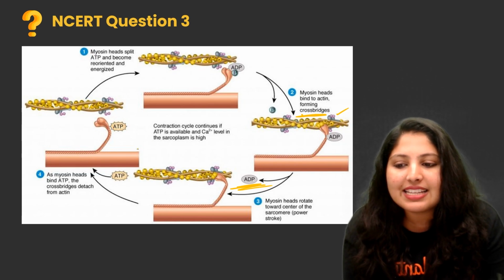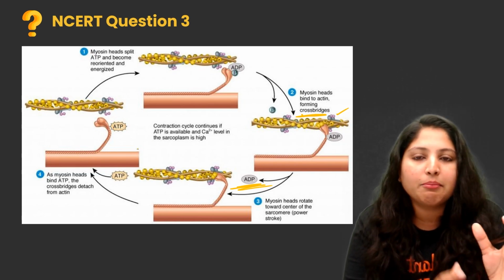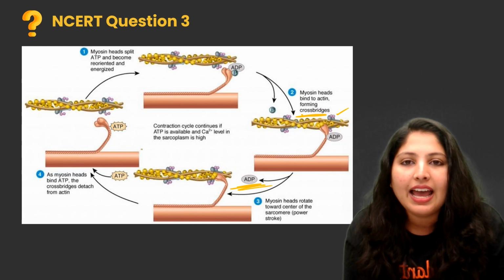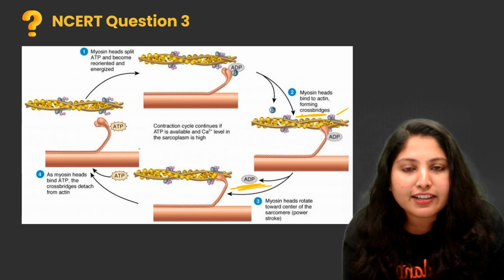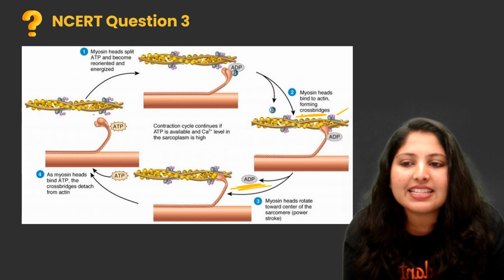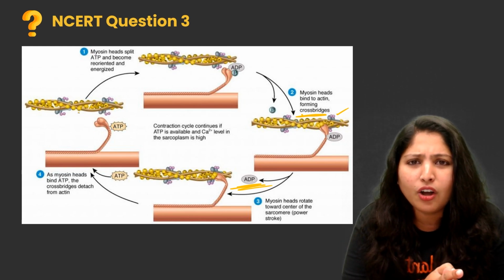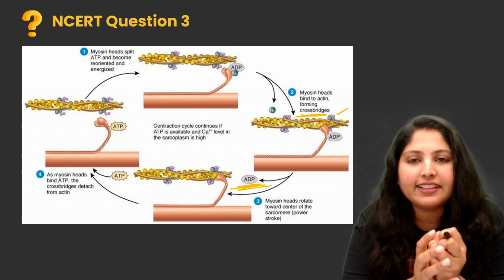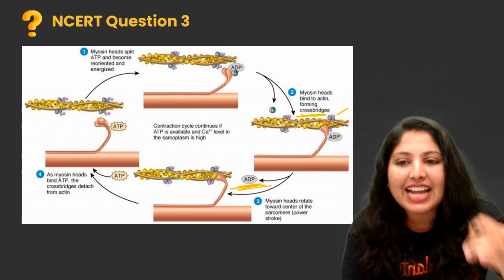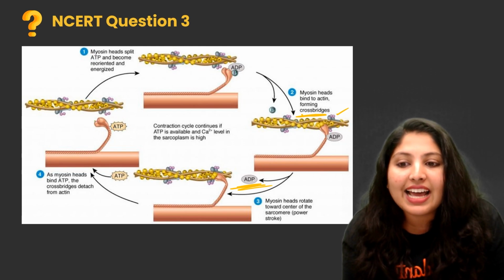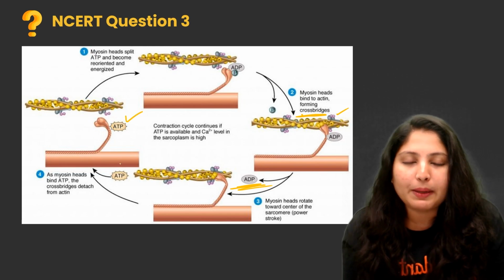Once this actin myosin contraction has happened, what happens? The ATP is already utilized, so the cross bridge is removed. The head of the myosin will detach from the actin filament, and this head is attached to a fresh ATP molecule.